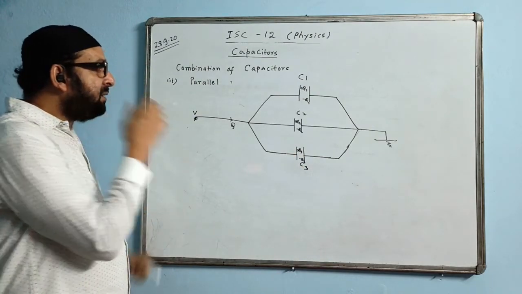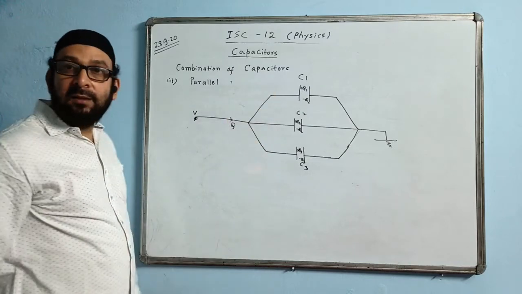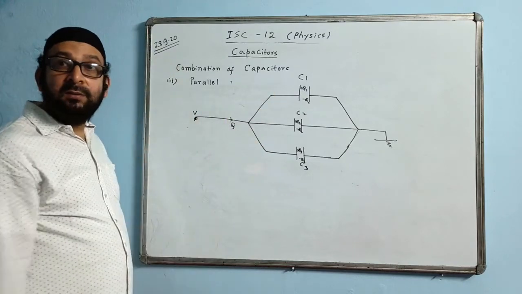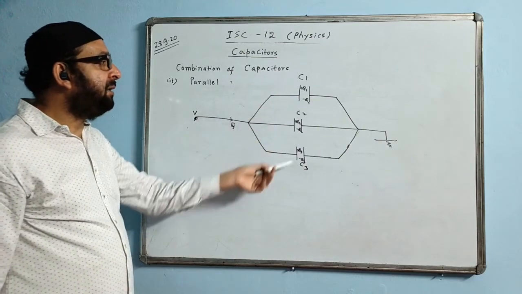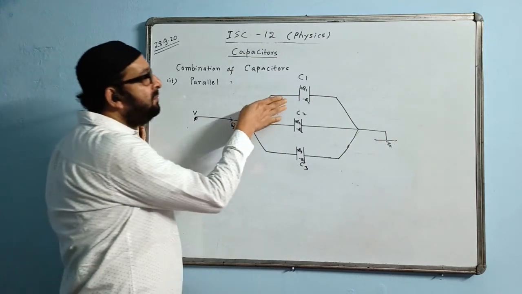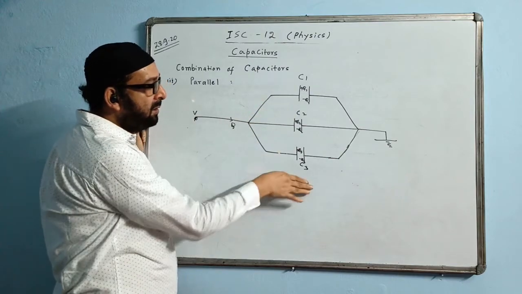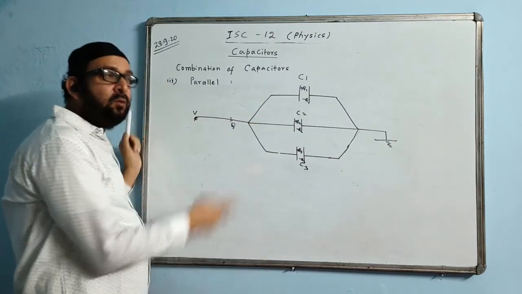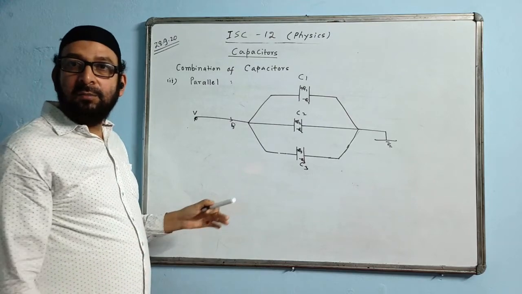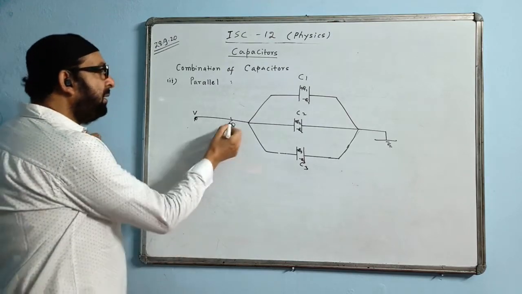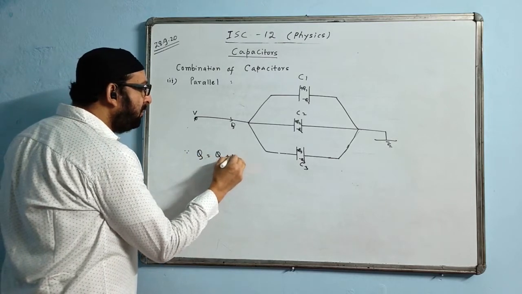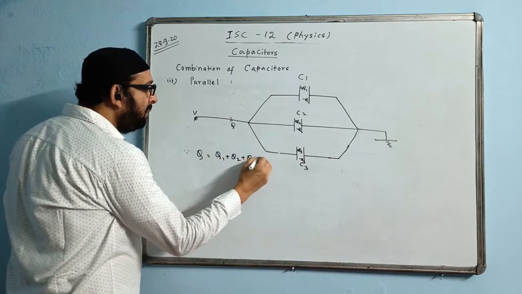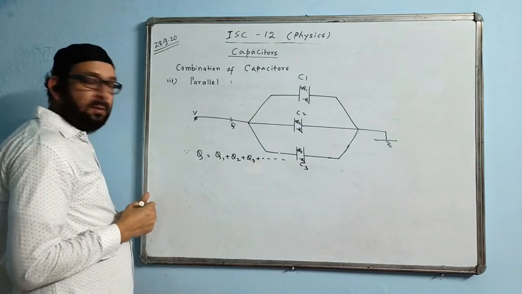Now, in this diagram we see charges are distributed, charges are divided. In the previous case voltage was divided, but now the total charge is getting divided into, how many branches do we have here? 1, 2, 3. So 3 branches. There can be 4 branches, 2 branches, 5, 6 and any number of branches. So we will be writing Q, since Q is divided into these parts, Q1 plus Q2 plus Q3 and so on.